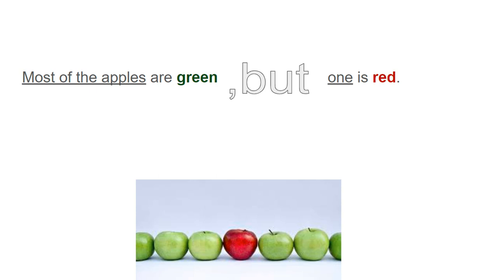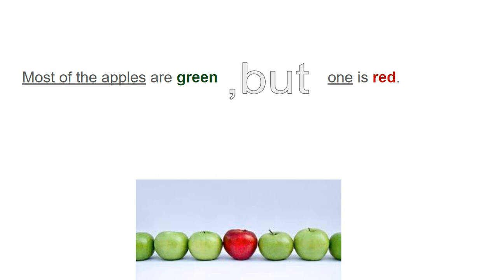It's like glue. It's sticking them together. And it's sticking them together and also at the same time telling you, difference. Pay attention, difference. Most of the apples are green, comma, but one is red.